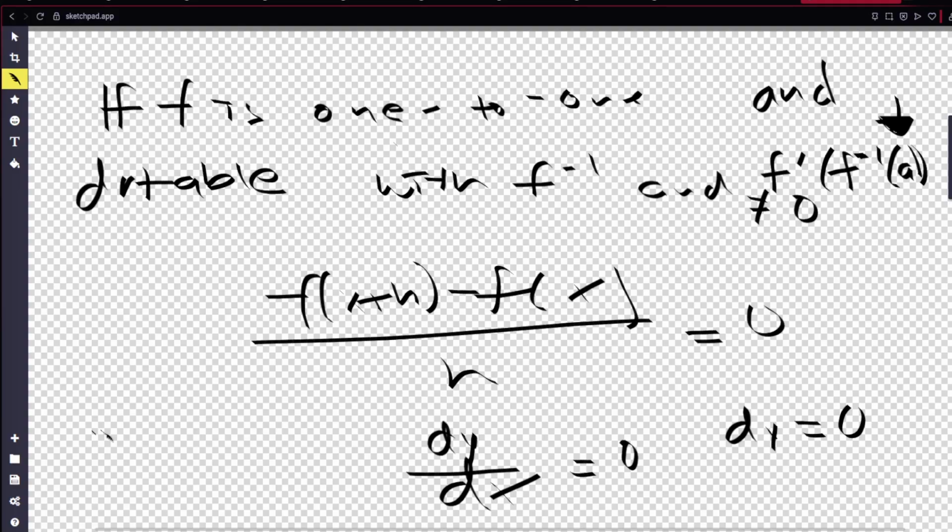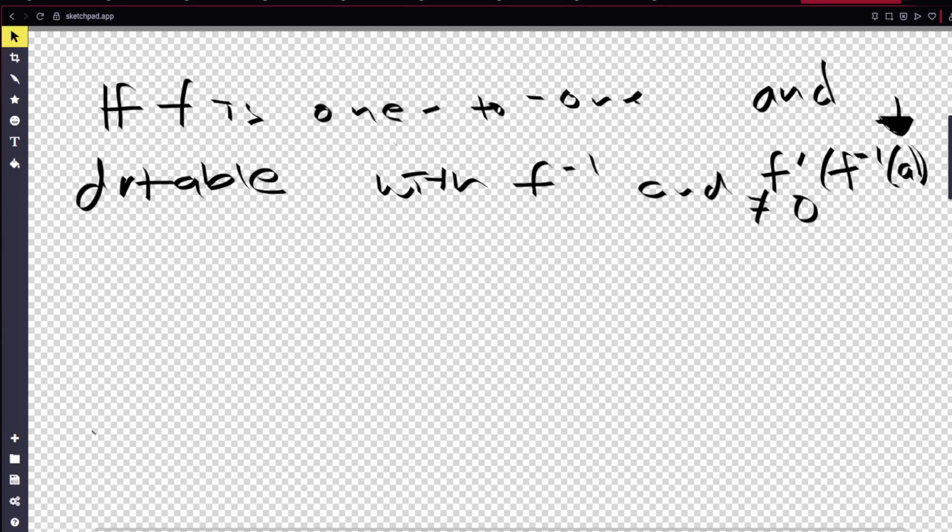So that logic does not hold there, because f prime of f negative 1 of a will give you the x inputs back of a. It takes in a and gives you back whatever made a possible. So that is the reasoning behind that.